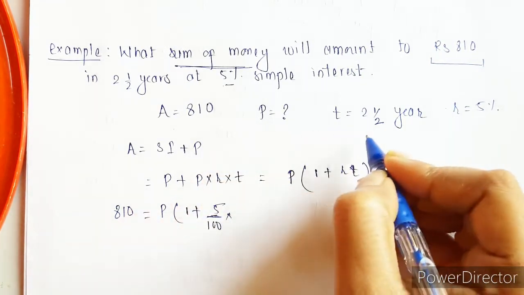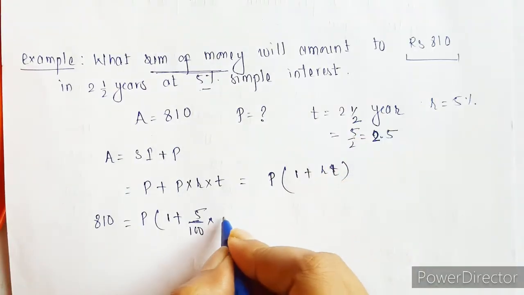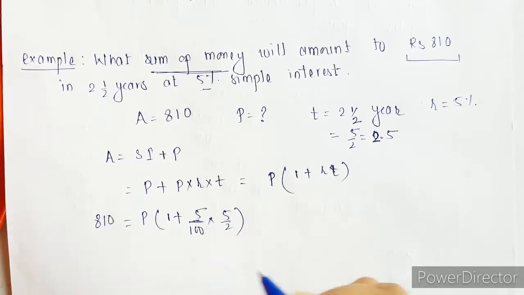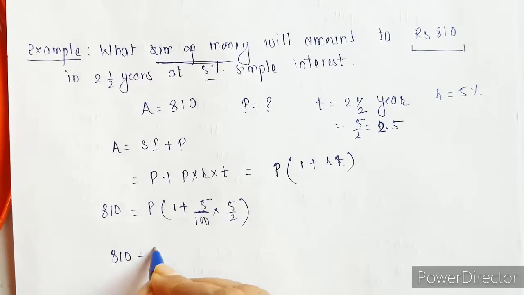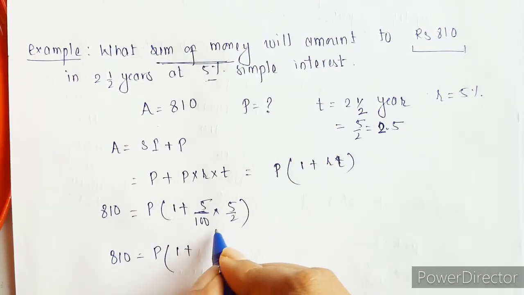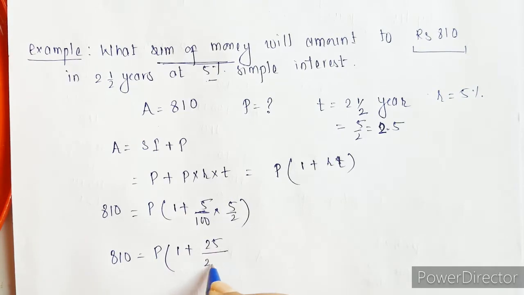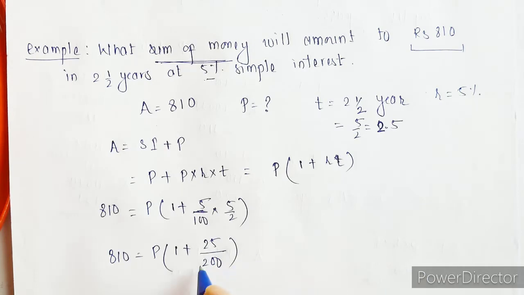Now this 2.5 years is nothing but, or even we can write this as 5/2. So 810 as it is, 1 plus this will be 25 upon 200.